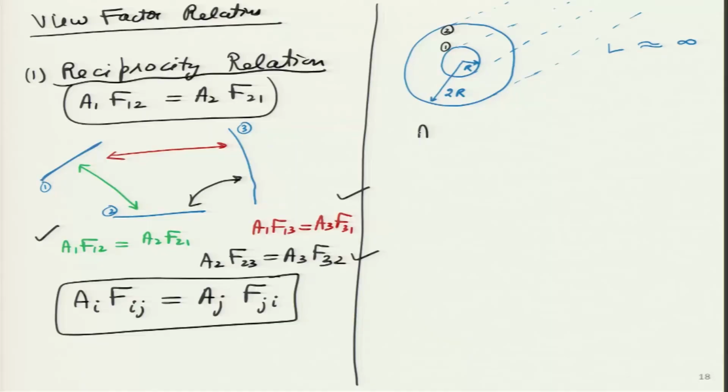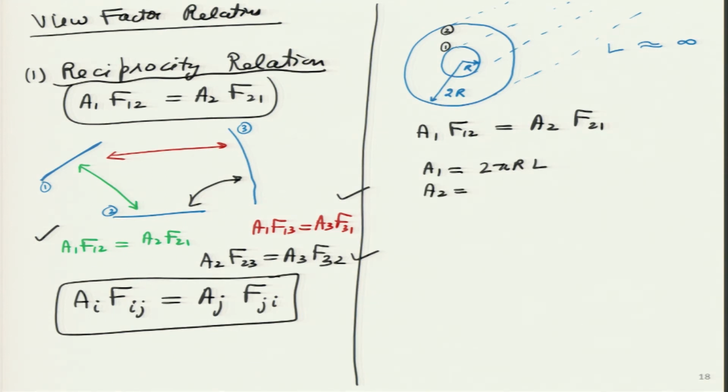I think I will get something like A1 F12 is equal to A2 F21. What is the value of A1? A1 will be the periphery of this pipe, 2 pi R into L, which is the infinite length.